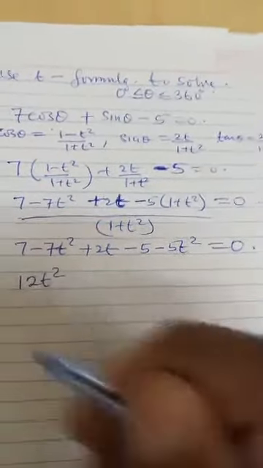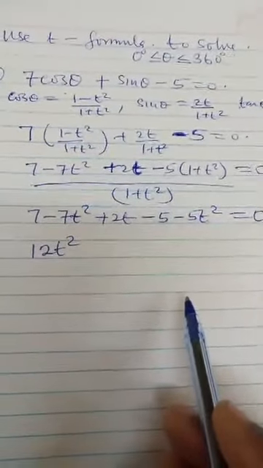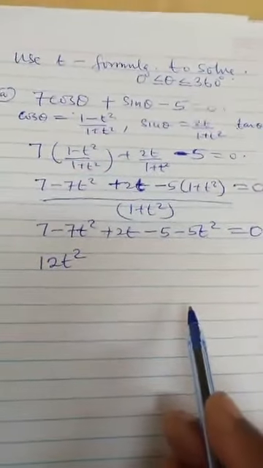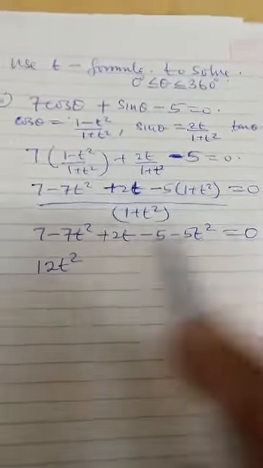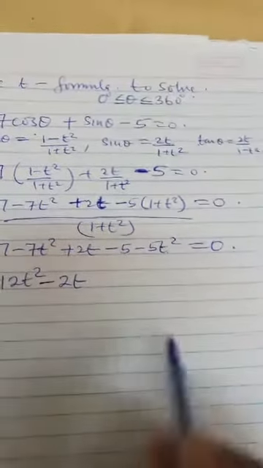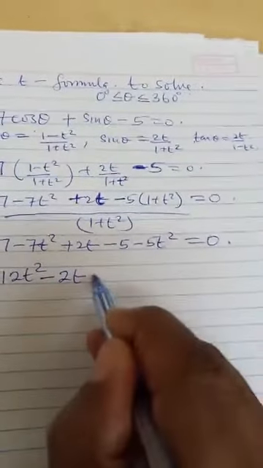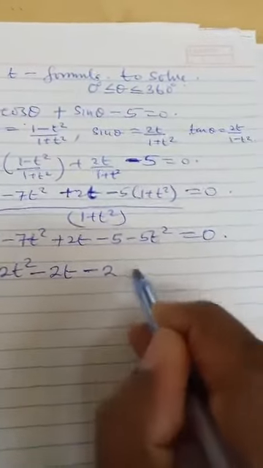If I take it to the right hand side, it becomes positive. So do not ask why you are now making it positive and seemingly keeping it on the left. I have crossed it the other side. Minus, the 2t will become a minus, and then 7 minus 5 will be 2, which will also become a minus. And this will now be equal to 0.